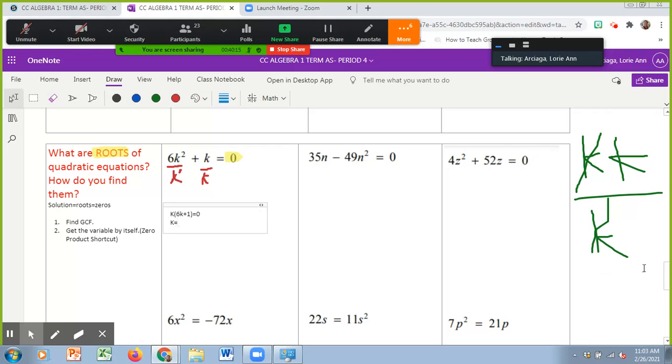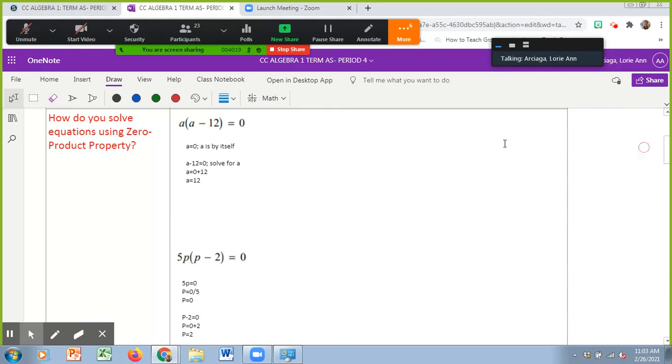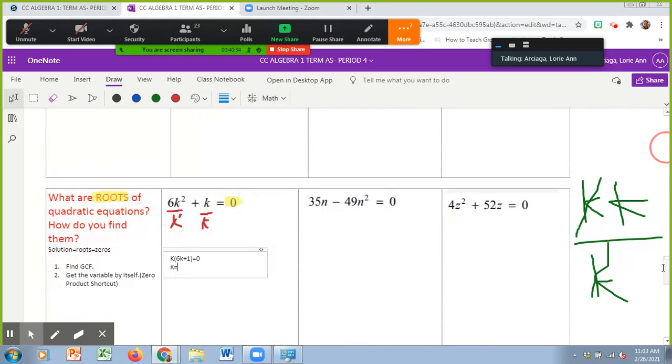Okay, let's go back to what we saw earlier so you can make that connection. You see what we were doing here earlier? If there's a variable right there, it was A equal to 0. If it was a 5p over there, you wrote it down, you still got 0. There you go. Right? So if there's a variable, where are we now? Here. So the k is equal to 0. Why?